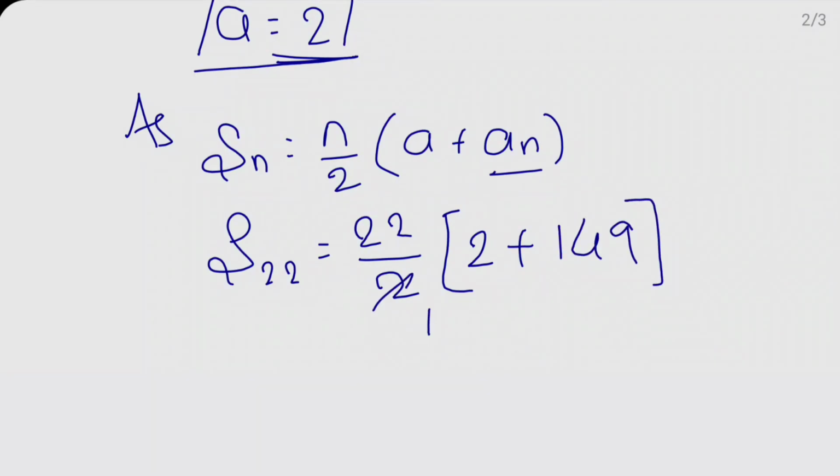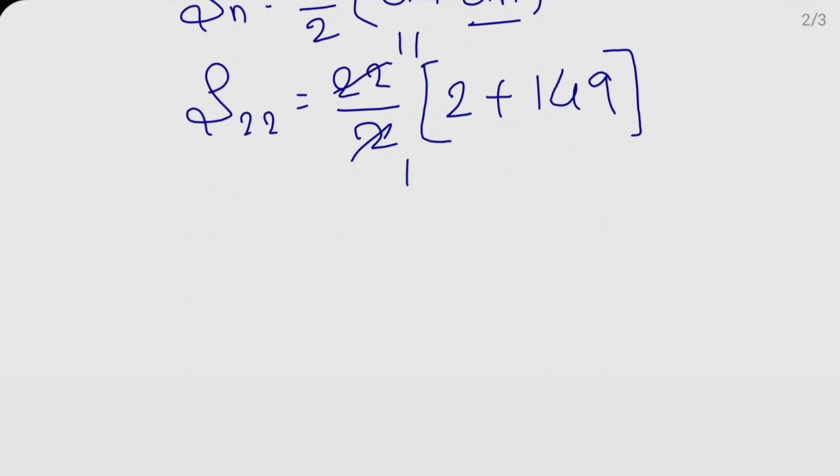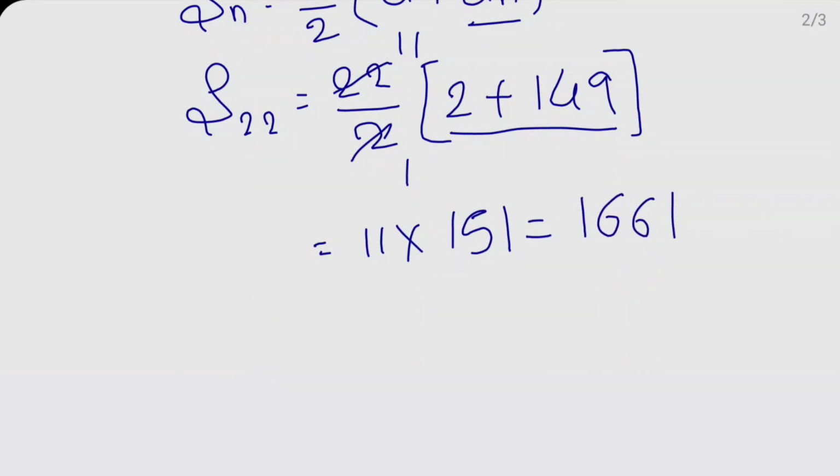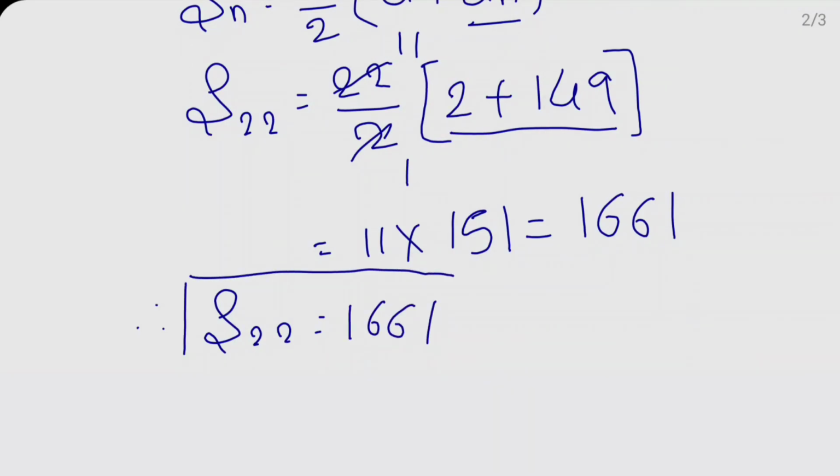So 2 ones are 2, 11s are 22. So now 11 into (2 plus 149), which is 151. So 11 into 151 is 1661. Therefore S22 equals 1661. Is it clear?